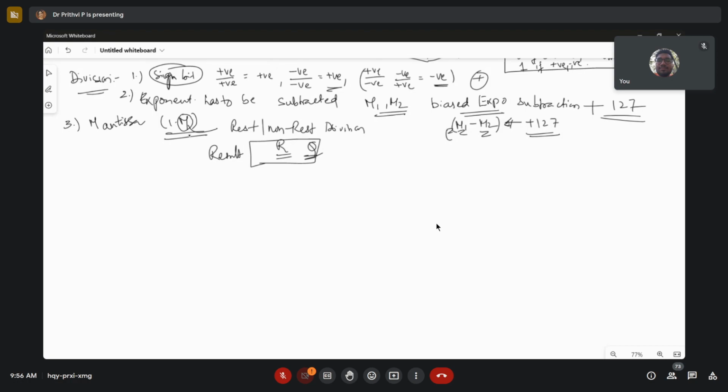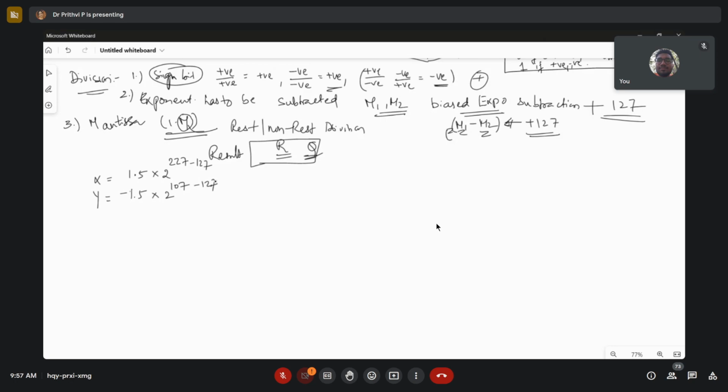Okay, so let me take an example with the same 1.5. Let me make my job simple. Say I'm taking 1.5 into 2 power, let me take a positive number, 227 minus 127. Say this is the biased number, and I'm taking negative 1 into 1.5 into 2 power 107 minus 127.